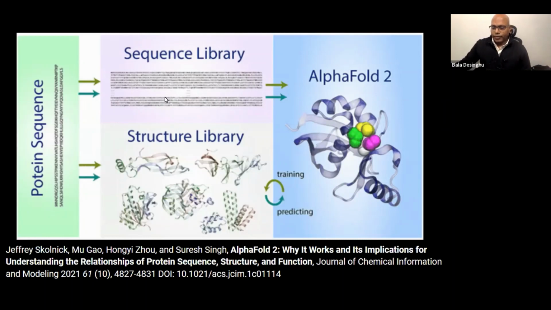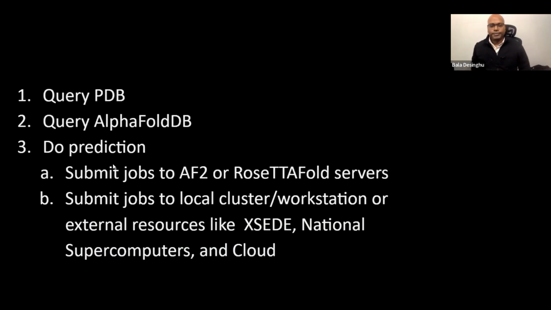Google Colab will use GPU, and the RosettaFold server uses GPU. When we do the example on the cluster, we will be using only CPU. But if you want to do large scale prediction, you have to use a GPU node.